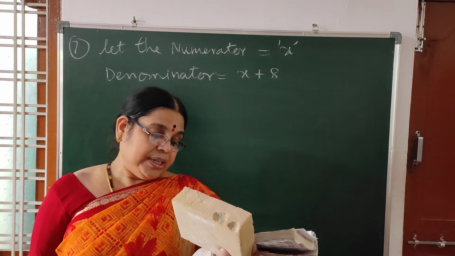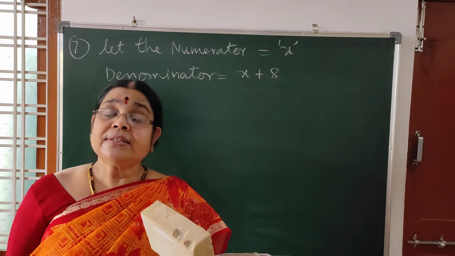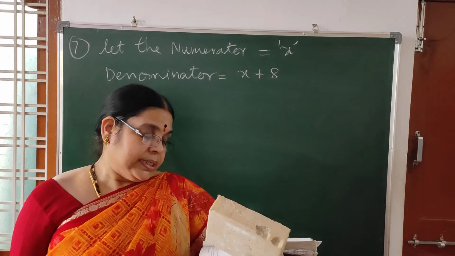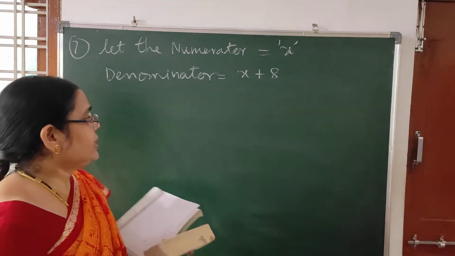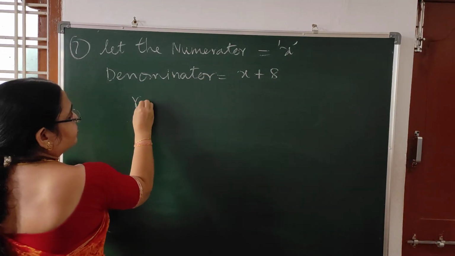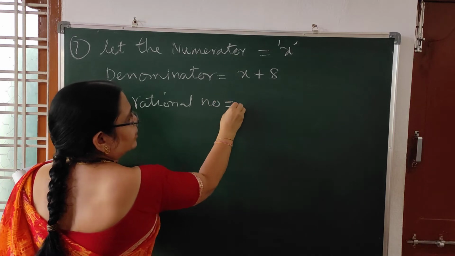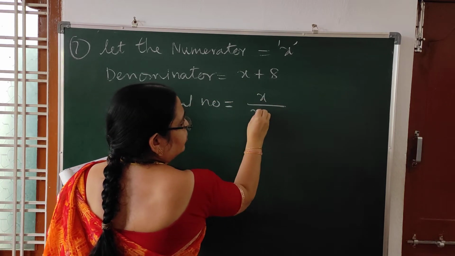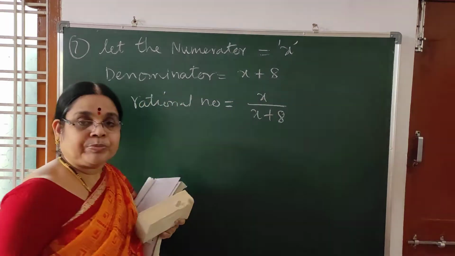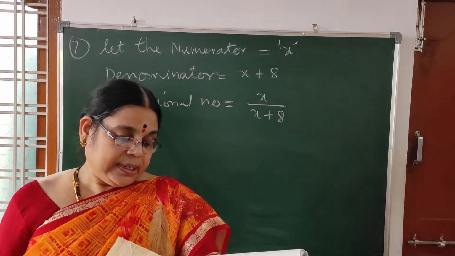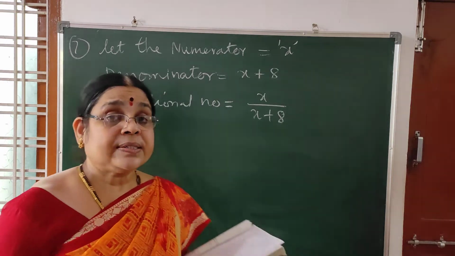Numerator we have taken as x, and the denominator becomes x plus 8. So what is the rational number you will get? The numerator is x and the denominator is x plus 8. Now what is he saying? The numerator is increased by 17.